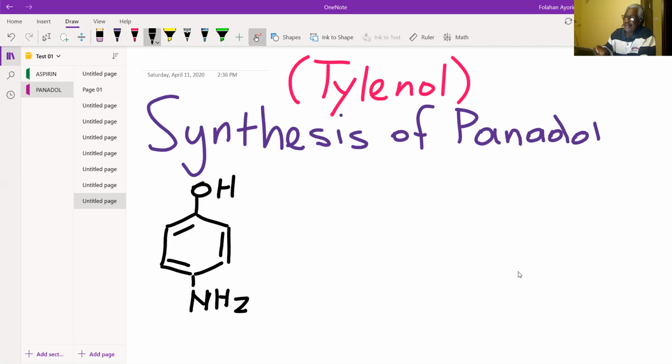So we are going to start with this molecule here. This molecule is called p-aminophenol. The P stands for para.